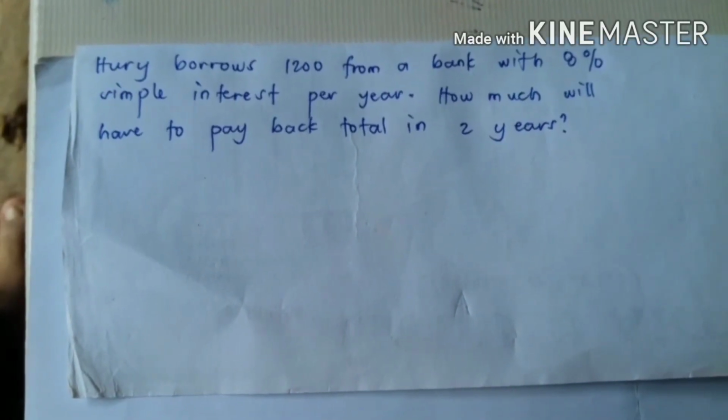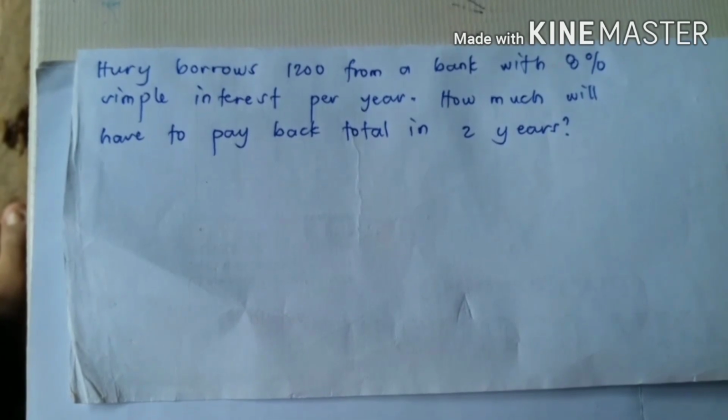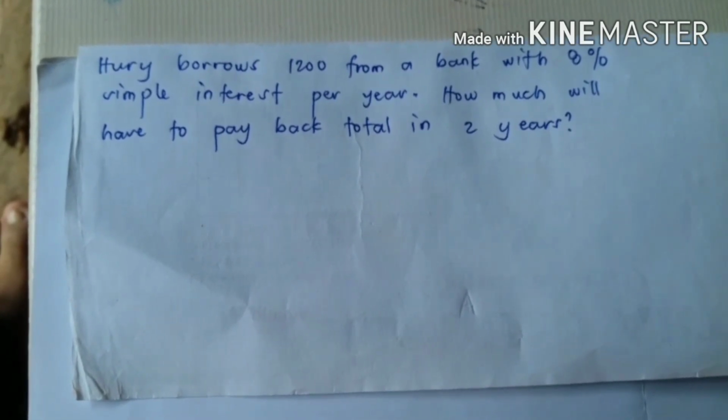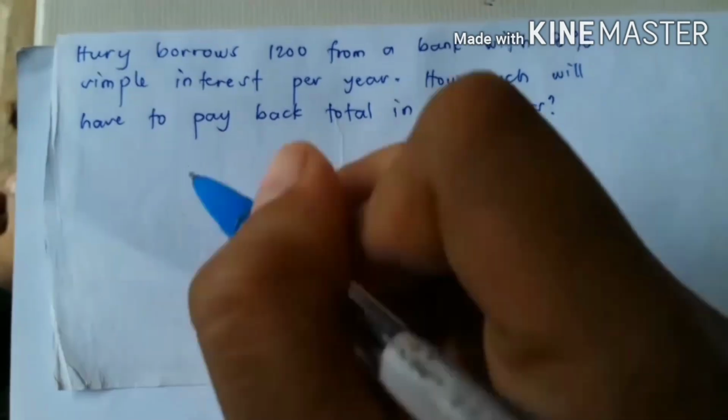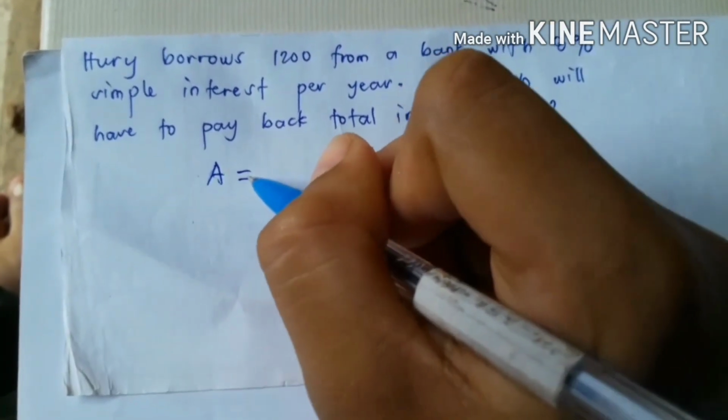Harry borrows 1,200 from a bank with 8% simple interest per year. How much will he have to pay back in total in 2 years? We are looking for the total amount.